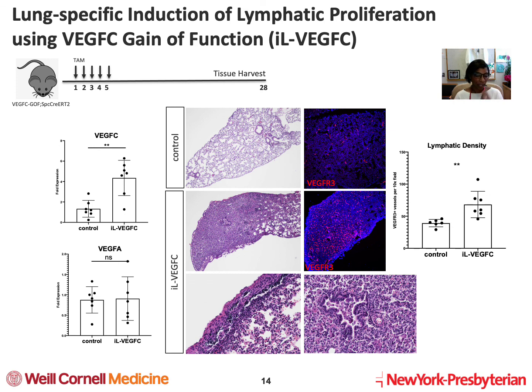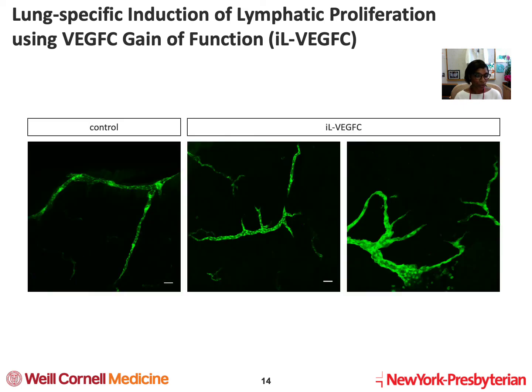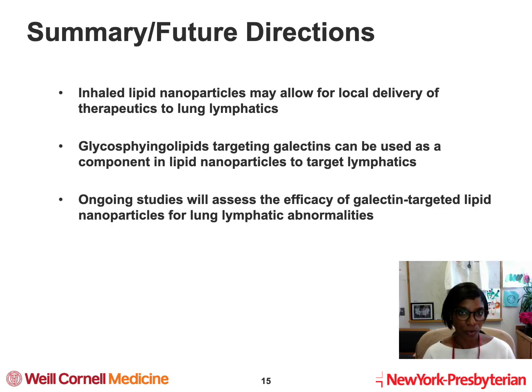And these mice really get a very impressive amount of lymphangiogenesis in the lungs, which you can see here by staining, that in fact completely alters the histology of the lung, sort of obliterating a lot of the normal lung structures. And you can actually also see active sprouting of these lymphatic vessels in these mice in the lungs compared to the sort of more quiescent lung lymphatics in the controls.